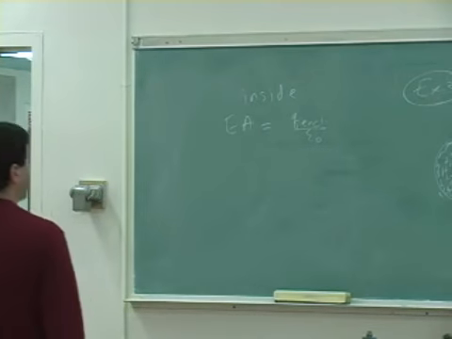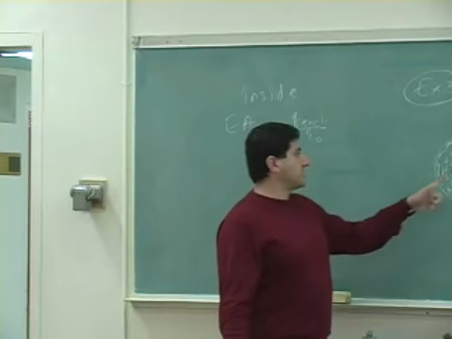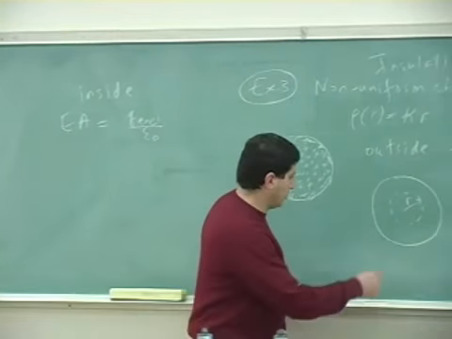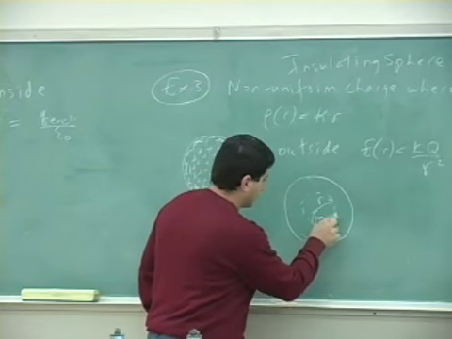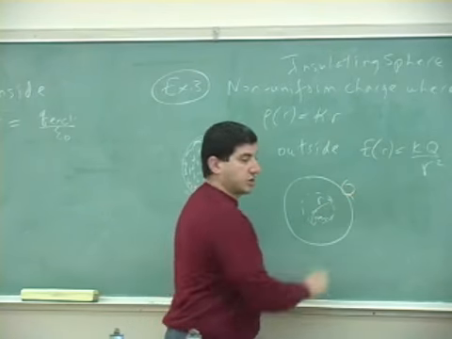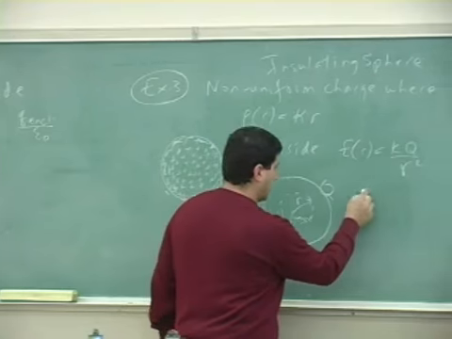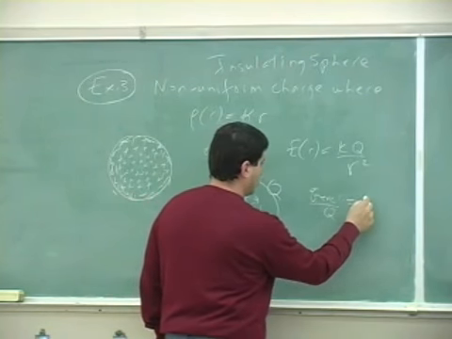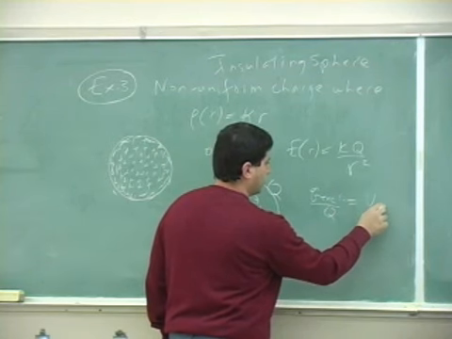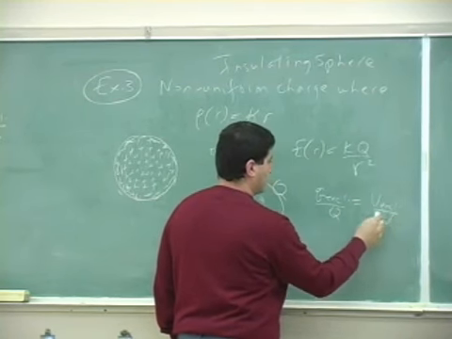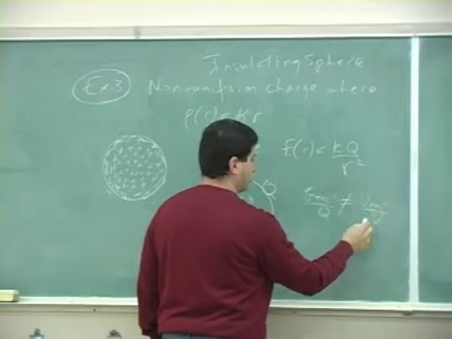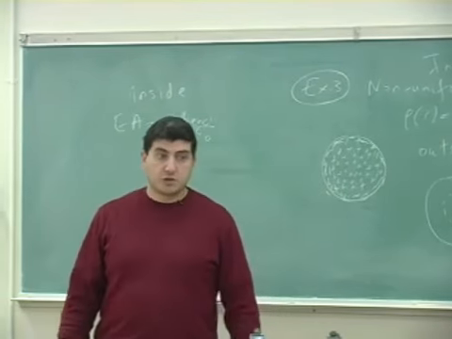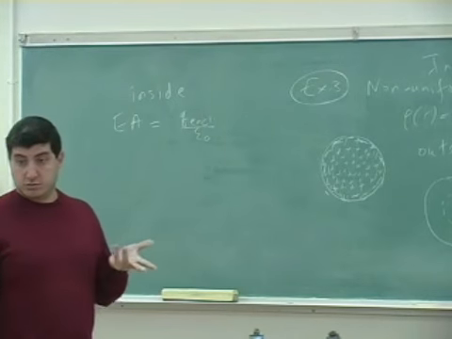Now, in this case, since the charge distribution is not uniform, you can no longer say the Q enclosed divided by the total charge is equal to the volume enclosed over the total volume, because it's not uniform density. So you're going to have to do an integral.